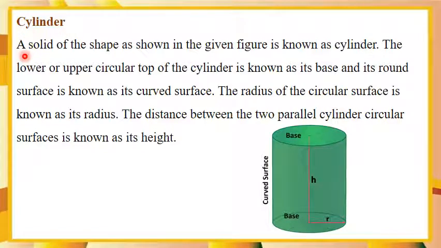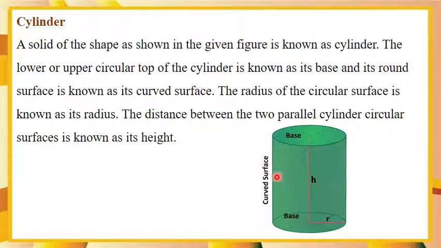Cylinder. A solid of a shape as shown in the given figure is known as a cylinder. As you are observing over here, the lower and upper circular tops of the cylinder are known as its bases. Its round surface is known as its curved surface.